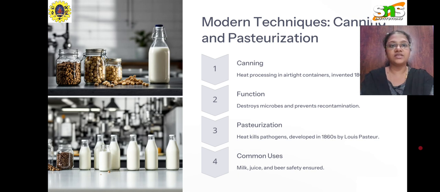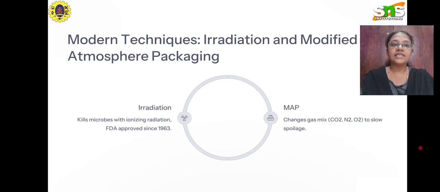One of the most important modern techniques adopted nowadays is the irradiation technique and modified atmospheric packaging. Irradiation is based on the particular food material: some ionizing radiations are passed over the top of the food so that they kill the bacteria present on the layer of the food material.